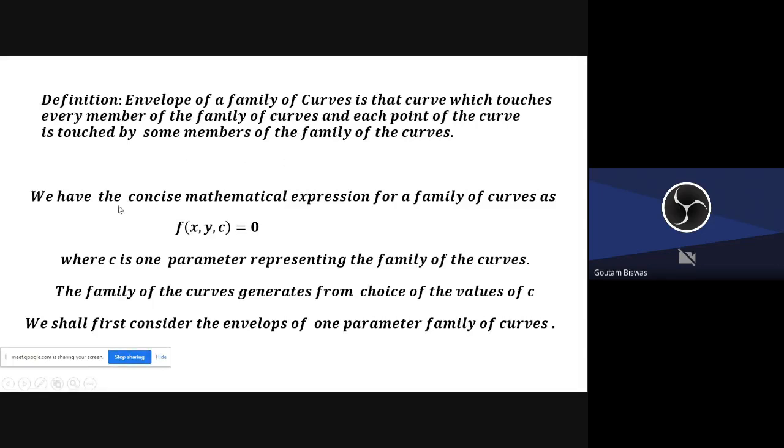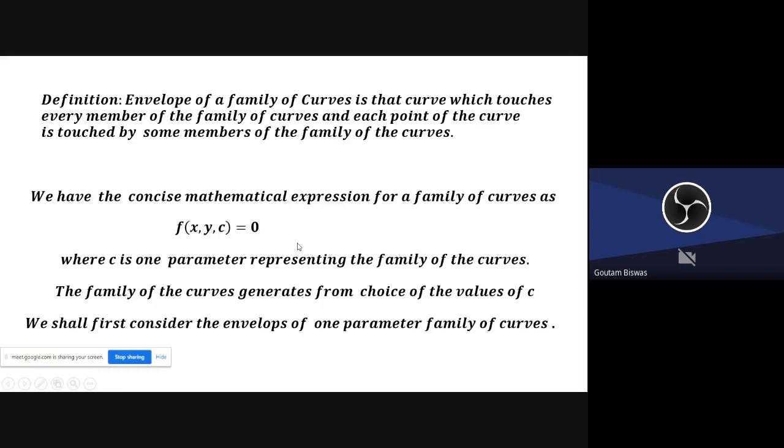So a mathematical description of the family of curves is this, what I explained just now. Here c is one, we call this c the parameter, and it represents the family of curves. The family of curves is generated from the choice of the value of c. If you choose a fixed value of c, you will get a single member of the curve.